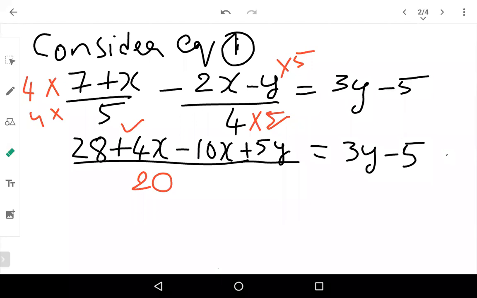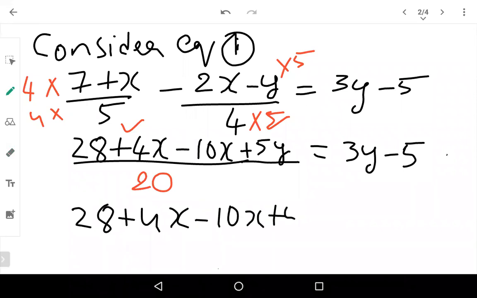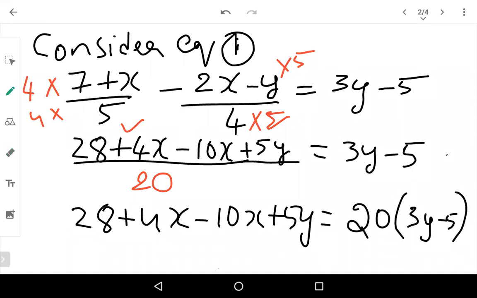Multiplication. Very good. So our next step is 28 plus 4x minus 10x plus 5y is equal to 20 into (3y minus 5). This is our next step. Now let us simplify it.